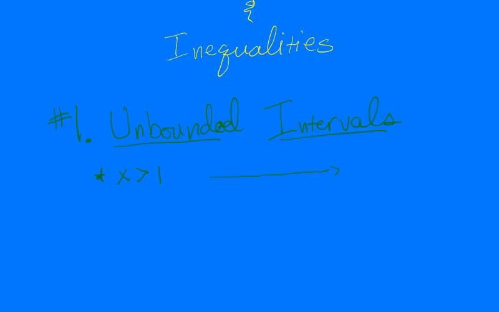You may remember making graphs on number lines like this, where you put a 1 and there are tick marks after it representing the numbers greater than 1, and you would use an open circle and then draw a graph saying it goes on forever to the right, therefore the graph or the set or interval is unbounded.